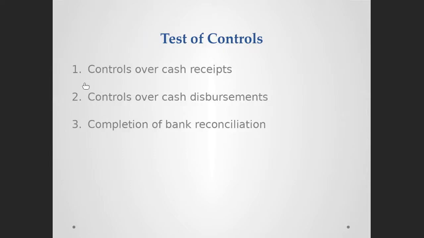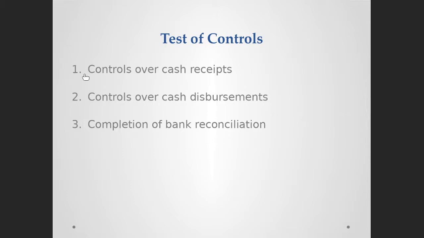Now, the test of controls. We have three different types of test of controls listed here. The first is controls over cash received. Now, who does the cash come from? Most of the cash that is received comes from whom? Customers. So you have to sell to get this.